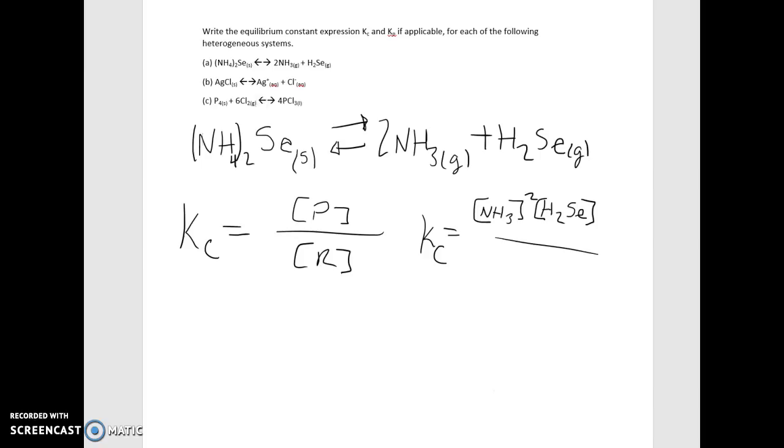And then for Kp, the equilibrium constant in relationship to pressure, we're not going to include our solid because Kp is just related to the gases, and we can write it as follows: P for pressure, and then the 2 for the square, and then the ammonia, and then P for pressure again, and then the hydrogen selenide.